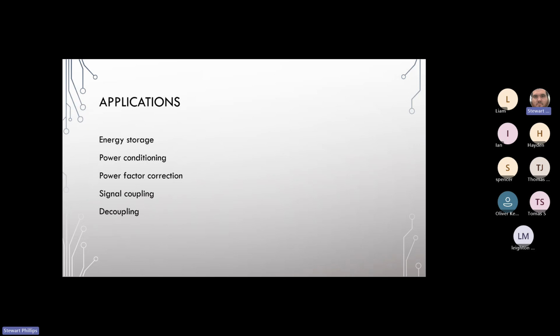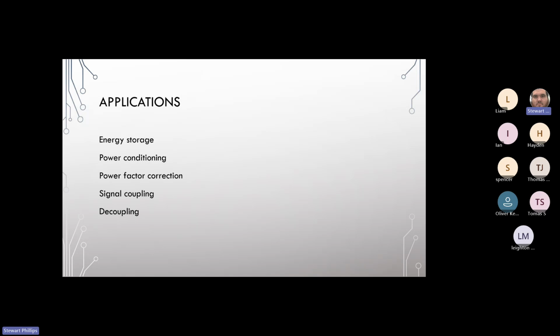So they provide leading VARs to cancel out the lagging VARs produced by motors and transformers, which is why a lot of single phase motors, like we looked at last term, end up being cap start, cap run, because they also smooth out that voltage and current so that it is a better power factor.